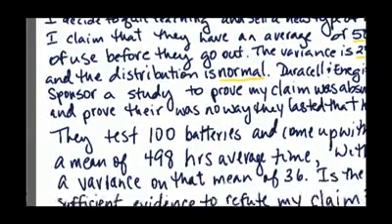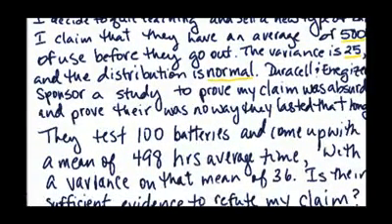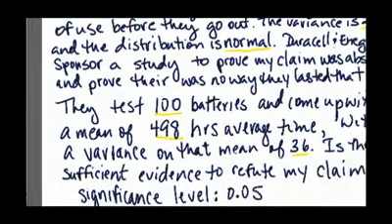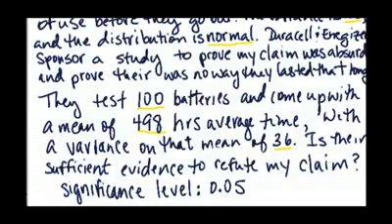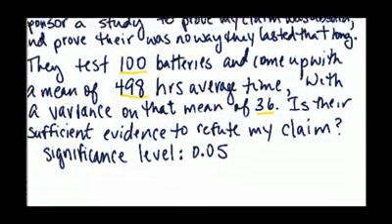Duracell and Energizer say, oh, okay, there's no way that it could last that long. And they test 100 of my batteries and come up with a mean and a variance of that mean. And then I want to know if there's enough evidence to refute my claim. Basically, tell me I'm full of crap about my 500-hour batteries.